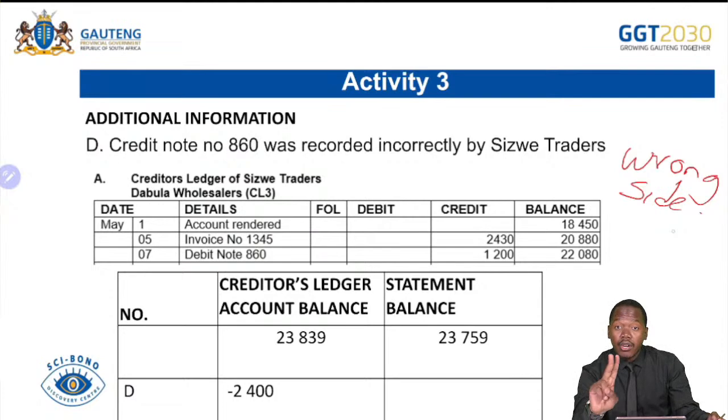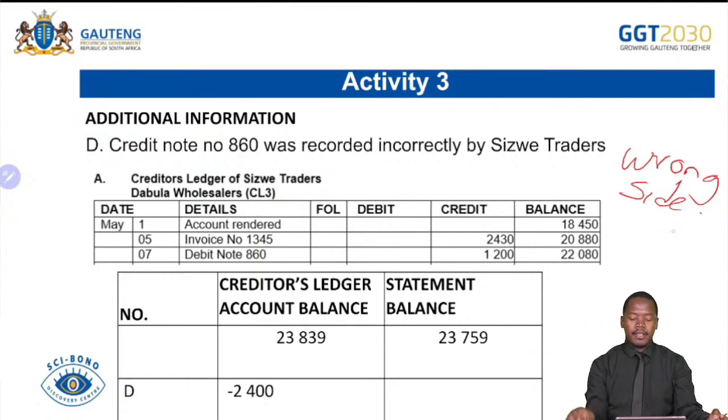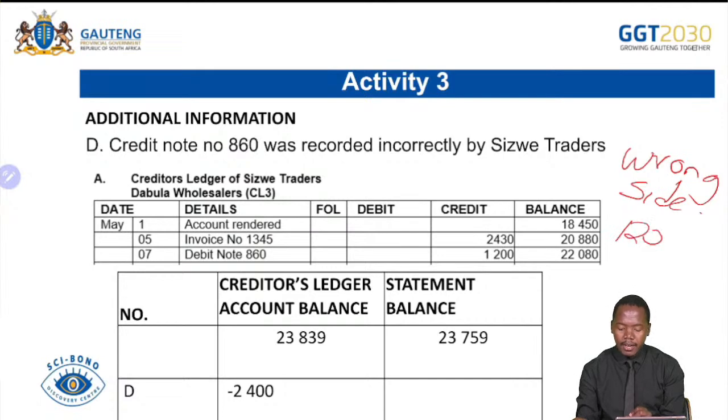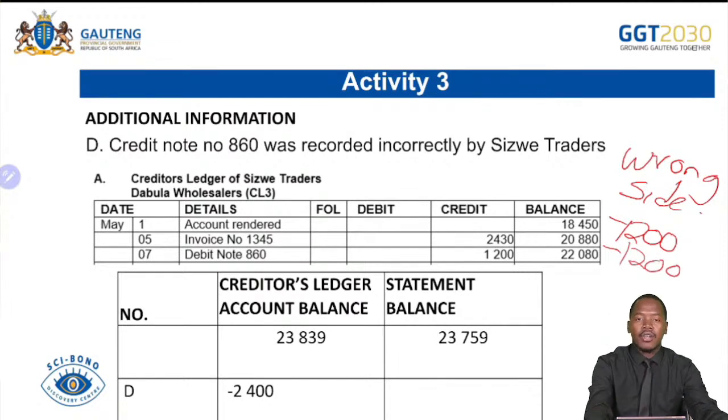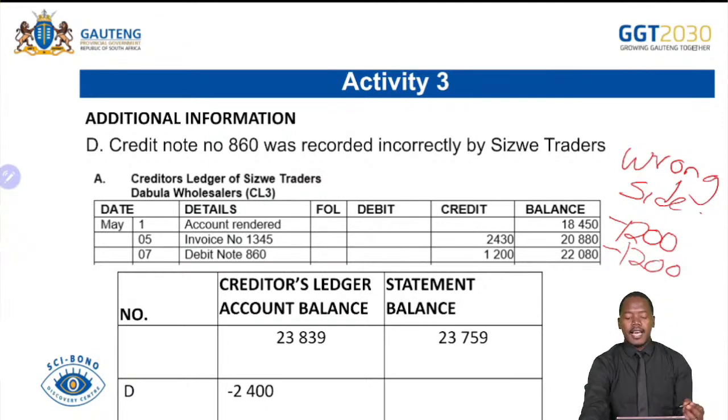We need to record it twice. If an item is appearing on the wrong side and is correct, it belongs to us, we record it twice. How do we do it? It is 1,200. We subtract, and we also subtract another 1,200. All in all, we're subtracting a total of 2,400. This is the amount recorded on the wrong side.